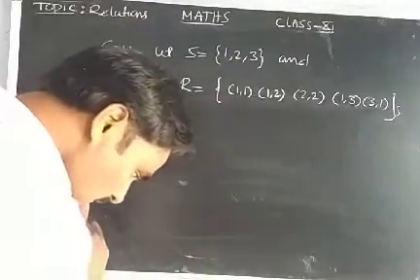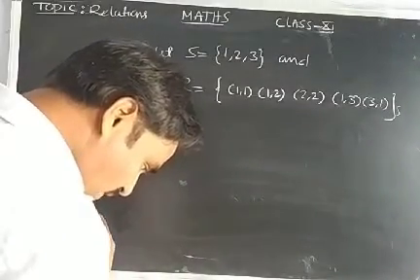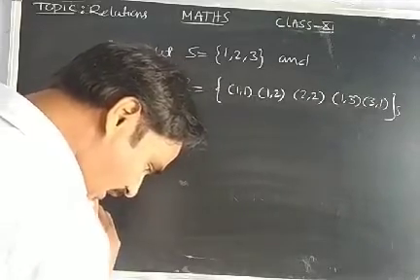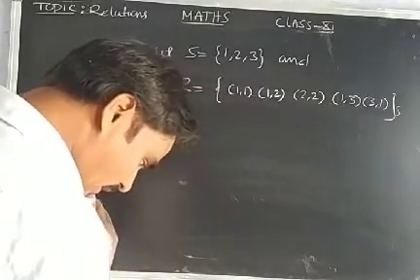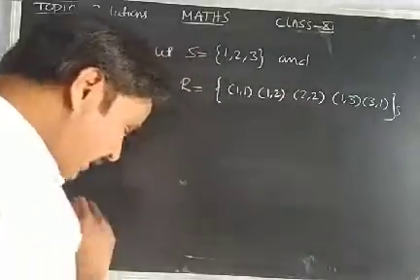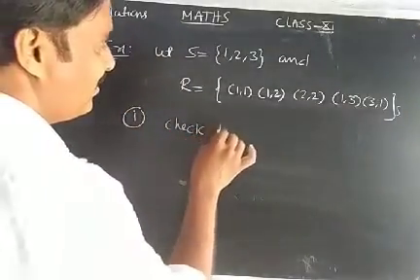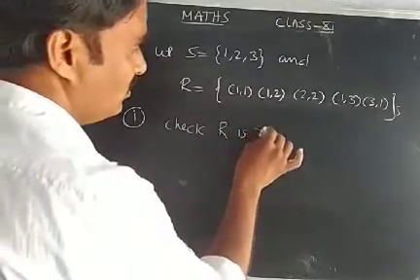First question, is R reflexive? If not, state the reason and write the number of ordered pairs to be included to make it reflexive. Check whether R is reflexive.